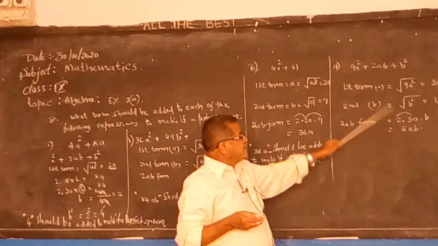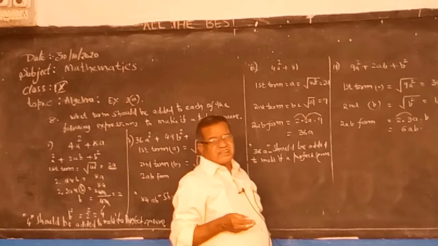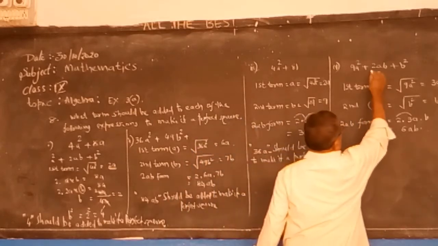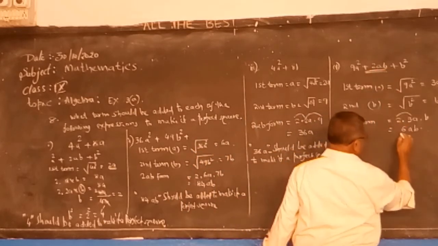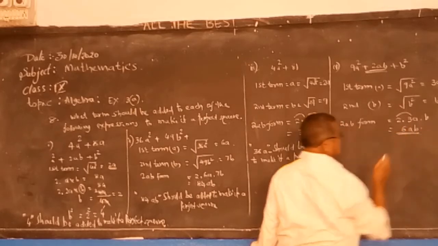So how much should be added? Here 2ab is given, but actually we want 6ab.